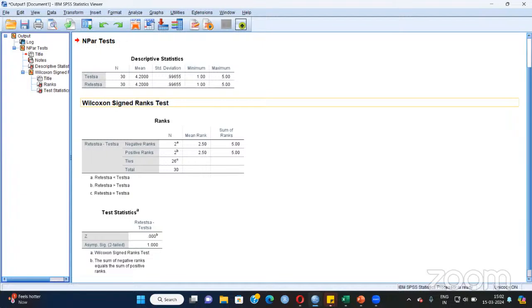So based upon the median value, you are comparing the two sets of data. Suppose you want to examine the effect of training, then you can follow this particular statistical test.